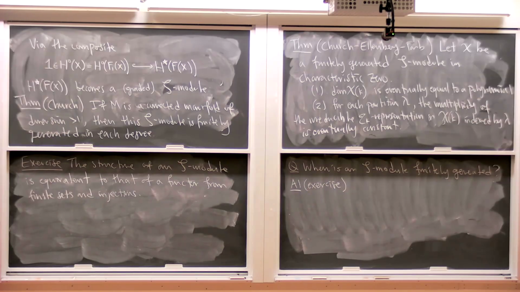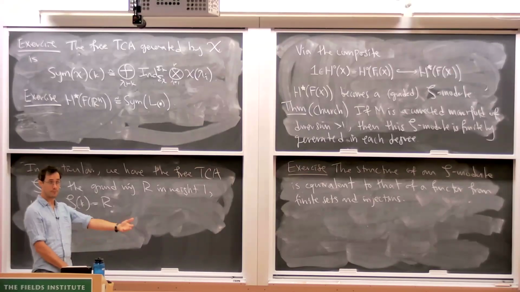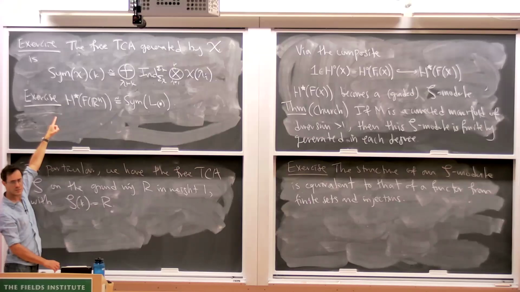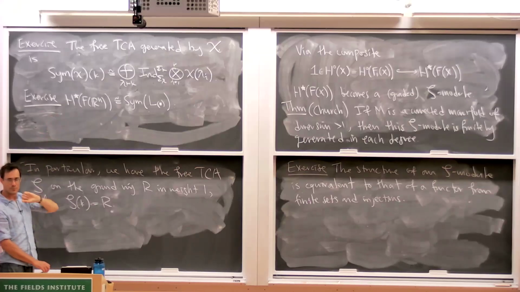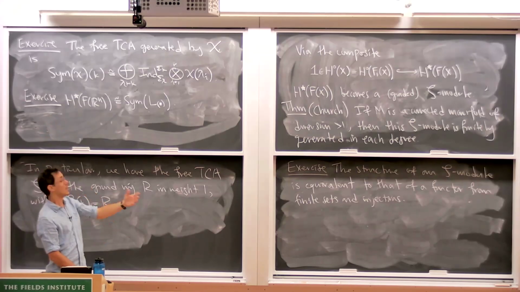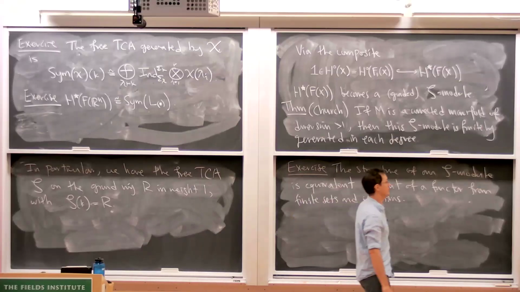So a good way to be an S module would be to be a twisted commutative algebra with a map from S. A good way for that to happen would be to be a free twisted commutative algebra with a specified element in weight 1, right? Anytime I have a symmetric sequence, I can look at the free twisted commutative algebra generated by it, and if I pick an element in weight 1, then that produces the structure of an S module on the whole algebra. And so sometimes we can say that that thing will be finitely generated. That's a particularly easy case.